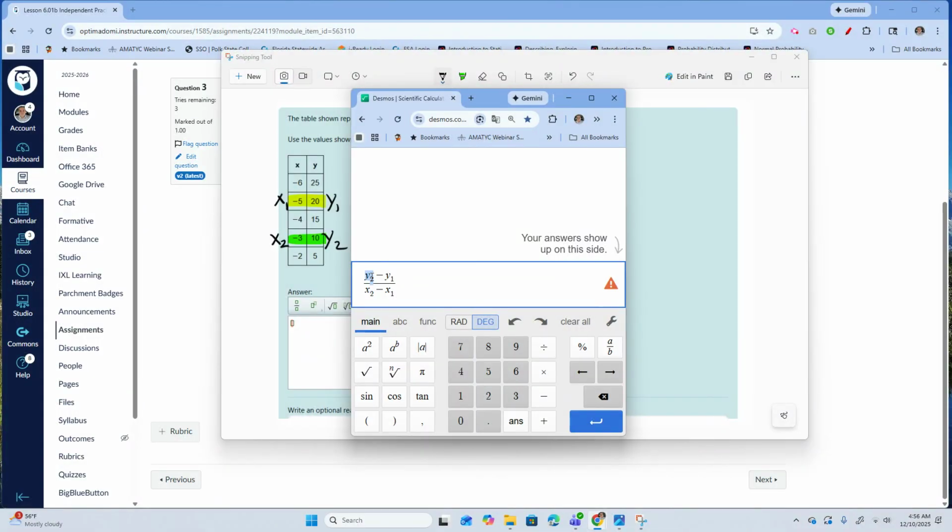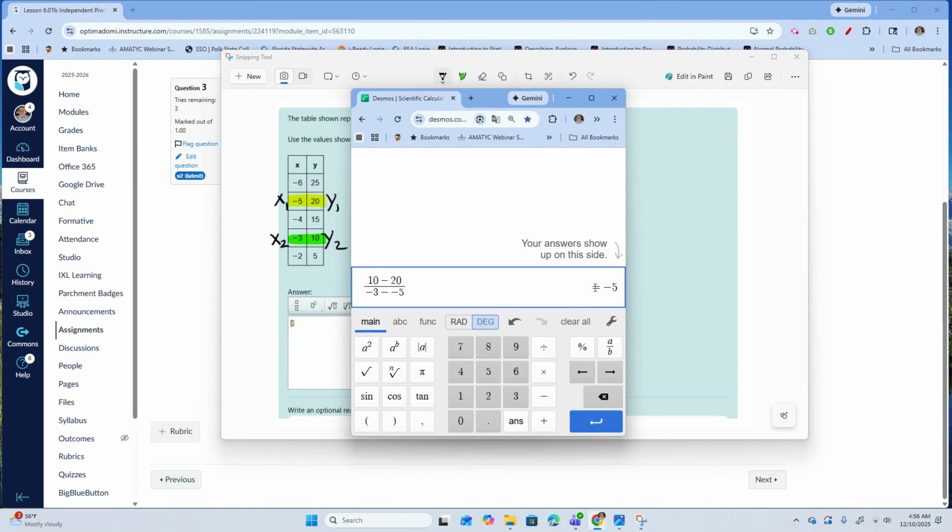So see, I'm highlighting the Y2, change it for 10. The Y1, I'm going to change it for 20. Then the X2, I'm going to change it for negative 3. And the X1, I'm going to change it for -5.